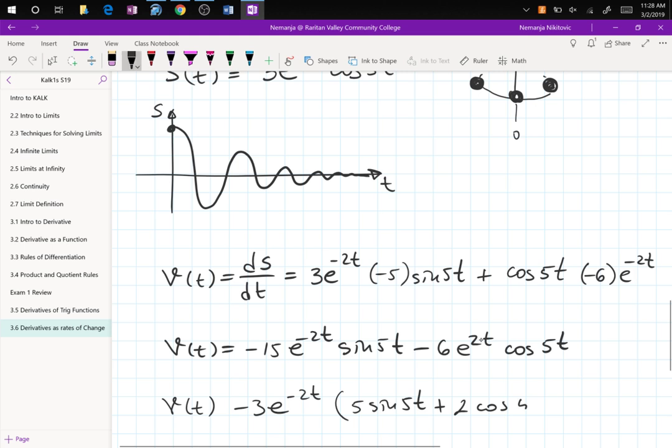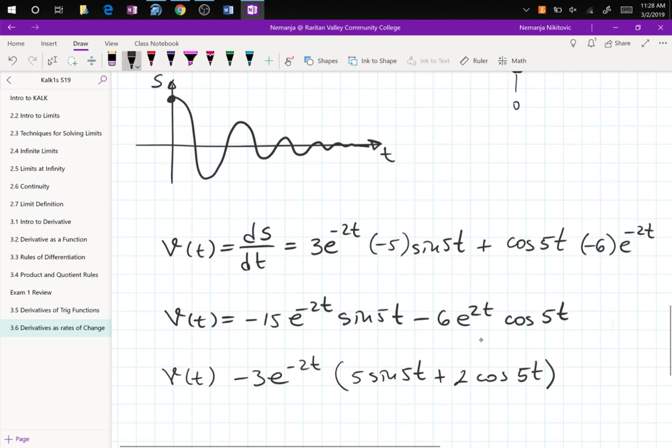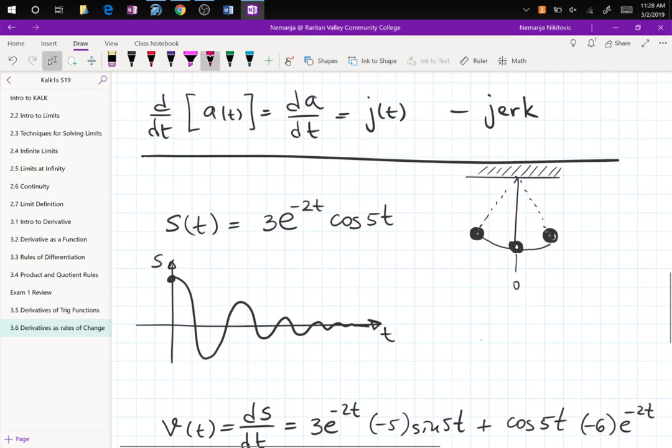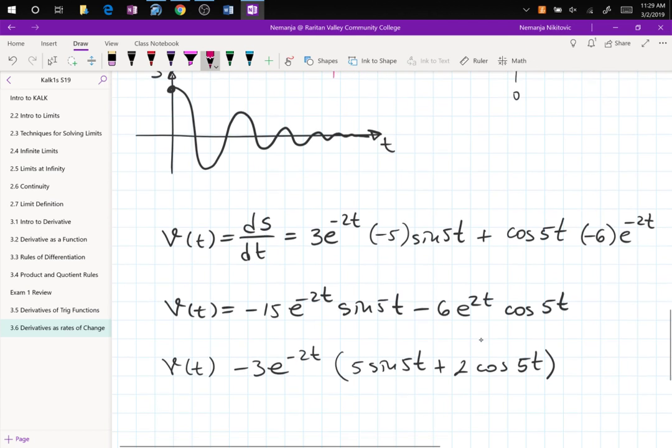I said 5t, much better. So I have my position function. This would be position. And now I have my velocity function.